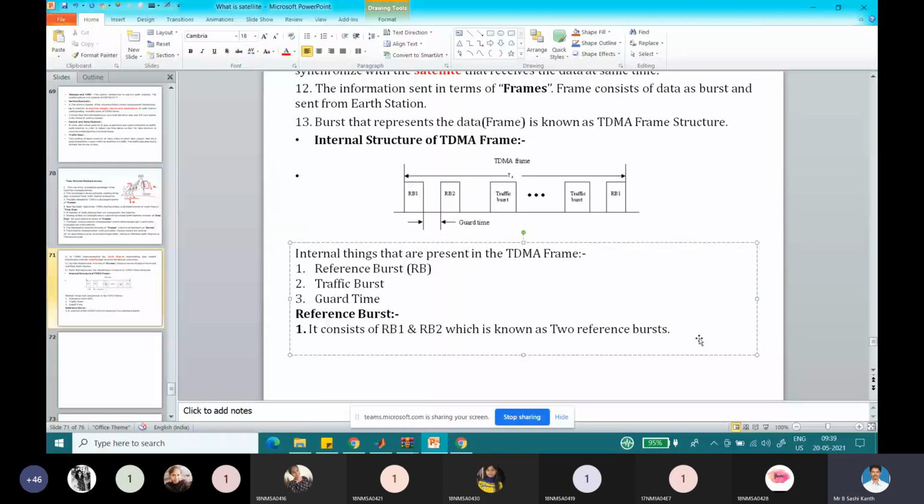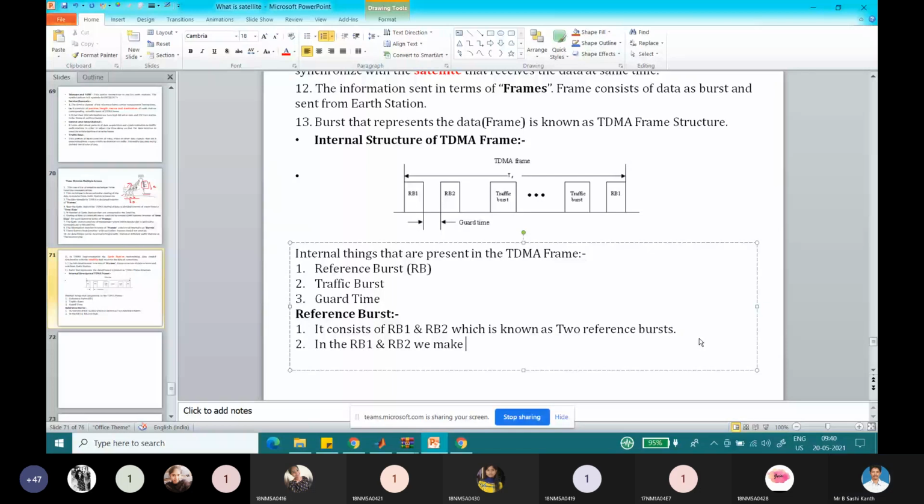Going to the second point, in the reference bursts RB1 and RB2, we make any one reference burst the primary reference burst.